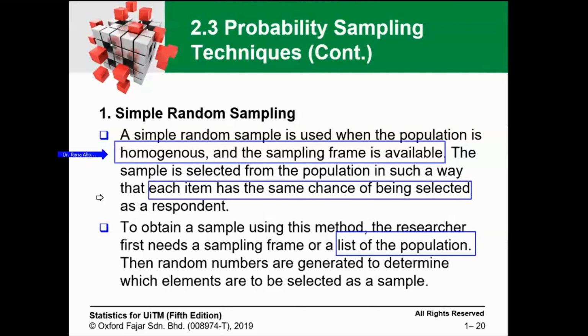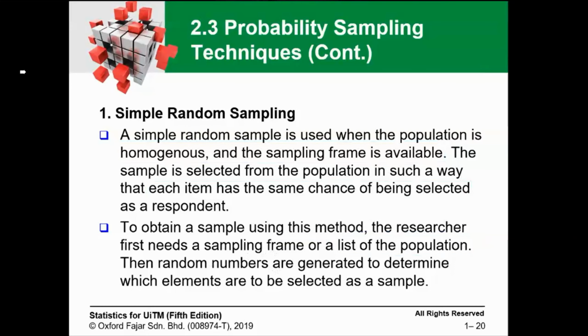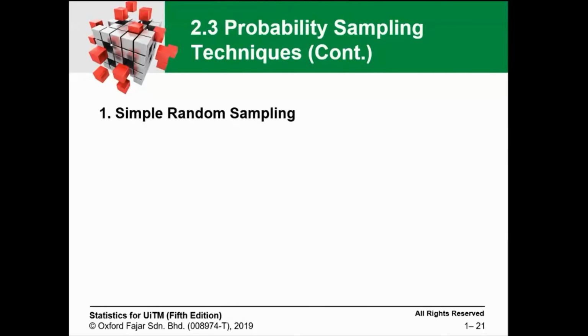You remember in the first session of the class, we were talking about the non-probability sampling techniques, and we mentioned we have four types: the convenience sampling, the judgmental sampling, the snowball sampling, and the quota sampling.